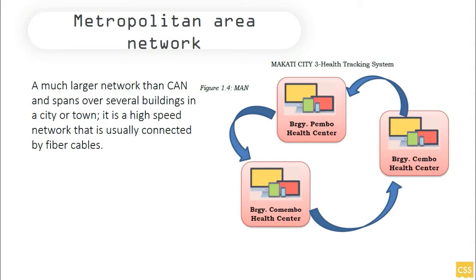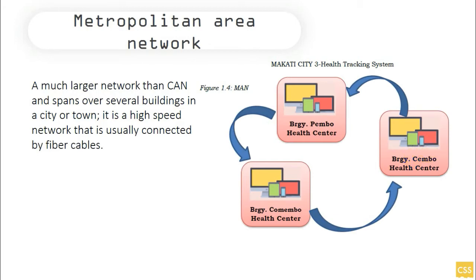Barangay Pembo, Barangay Comembo, and Sembo are located within Makati, but they are far apart, neighboring barangays. They could have their own LAN, but are still connected through fiber cables to make up one big network. The difference from CAN is technically the geographical area. MAN covers a larger area.